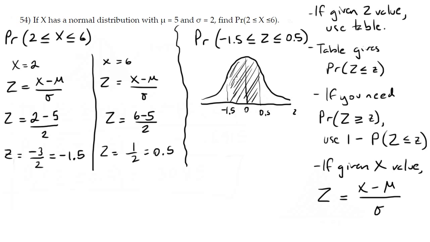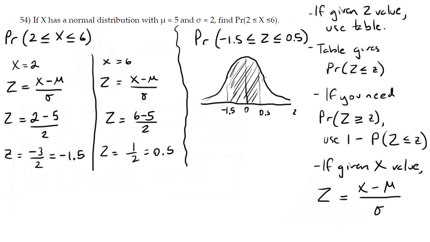Now again, the table gives us the area to the left. So if I looked up 1.5 on the table, it's giving me this area. If I looked up 0.5 on the table, it's giving me all of this area. So all of this area minus this area will give me what I need.